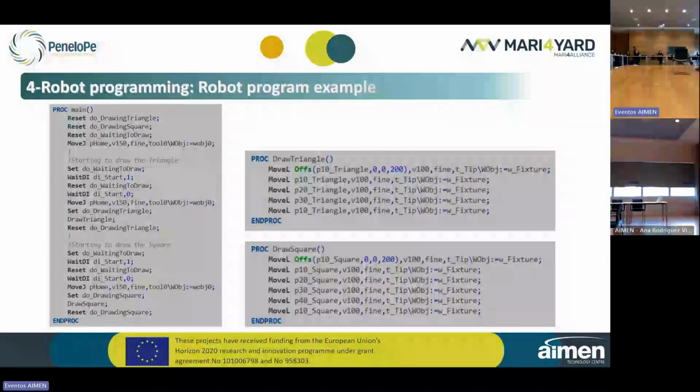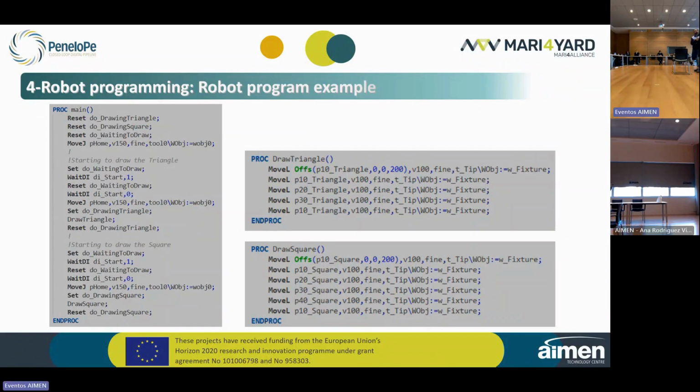We have to include them when we are teaching the robot what to do. Besides the movement instructions like this one or this one here, we have other instructions, as I told you before. These are instructions to control the digital inputs and outputs, resets, wait for the digital input, and so on.